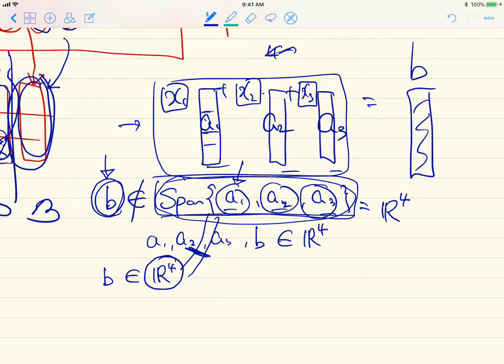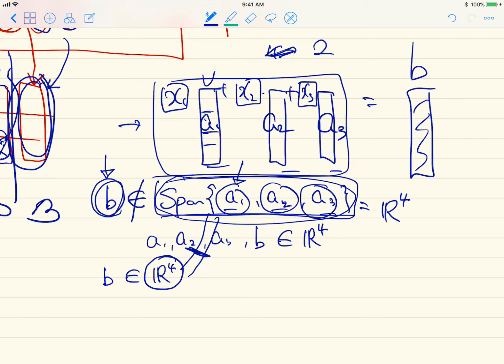But what if we have, for example, a two-dimensional space where we only have two equations and three unknowns? In this case, we have three vectors in the two-dimensional space, right? So if a1 is this line and a2 is like this, then we will cover the entire two-dimensional space, where we have an x and y axis.